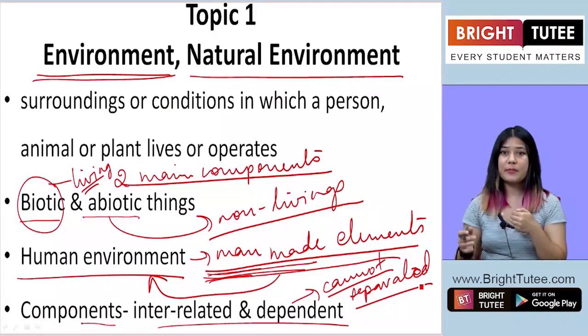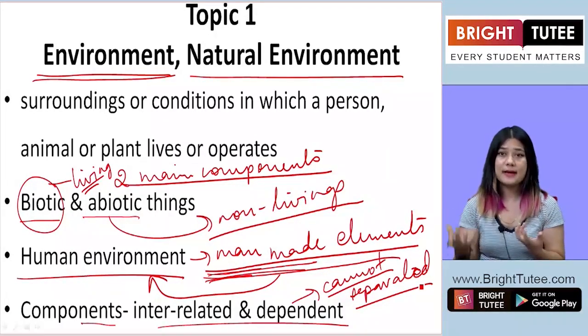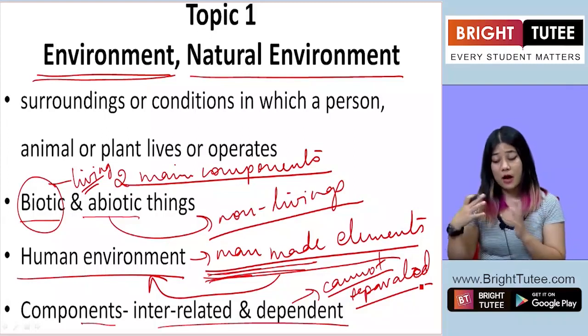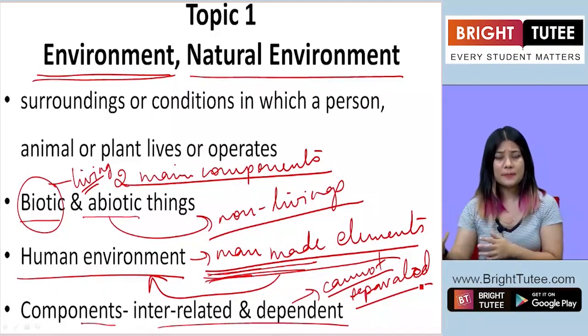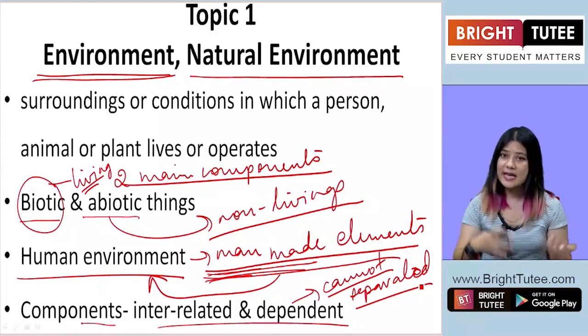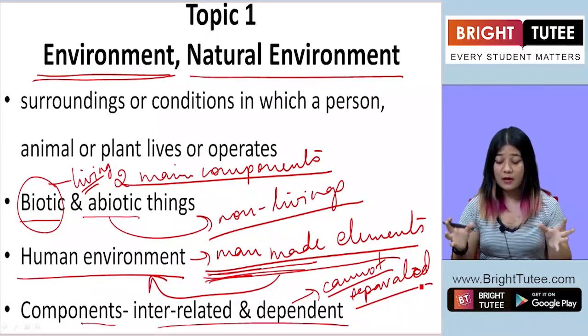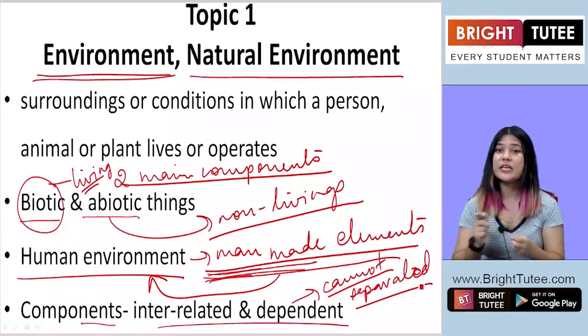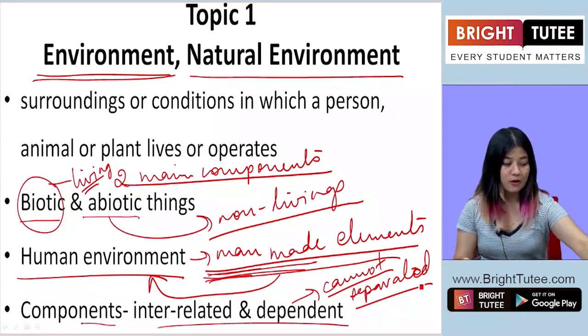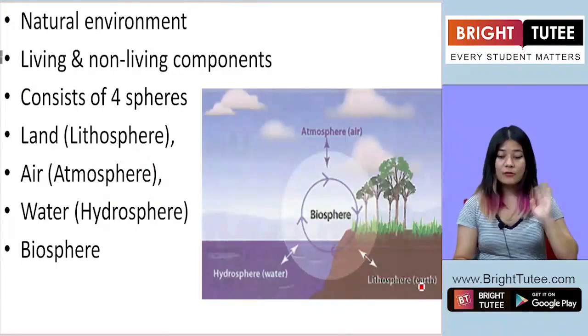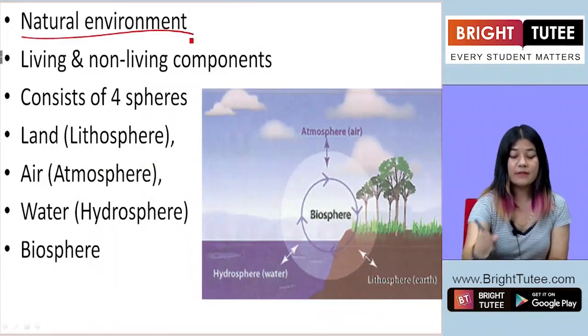If one is separated from other components of the environment, then there will be imbalance. There will be other causes, like natural calamities, death, etc. So hence these components are very important for each other in the environment. All right. Now let us look at natural environment.